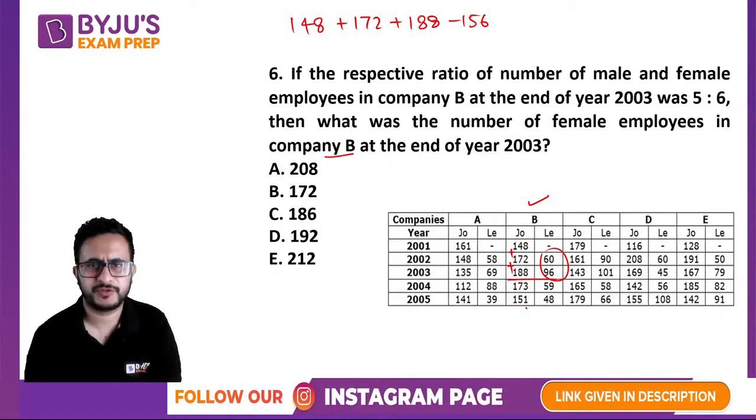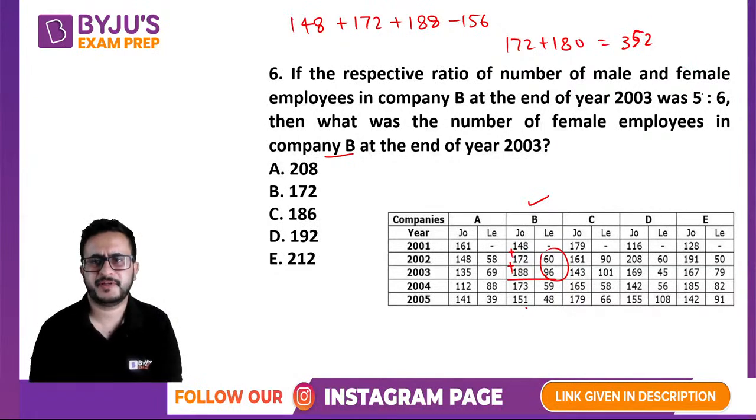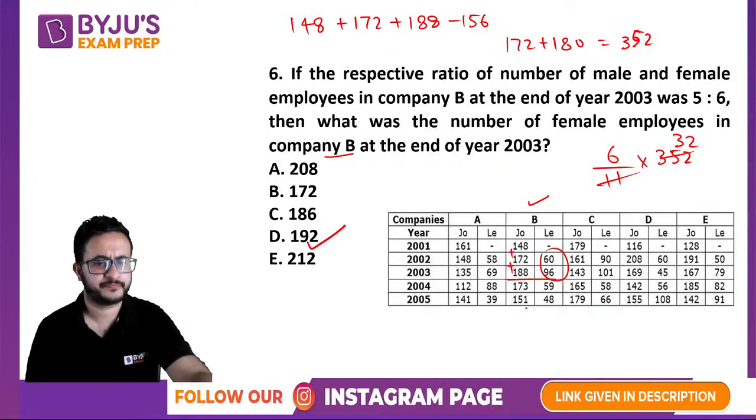So at the end of 2003, 172 plus 180, you can say 352. Okay, so 5:6. So female employees will be 6 out of 11 of 352. 32 into 6, 192. That is the answer.